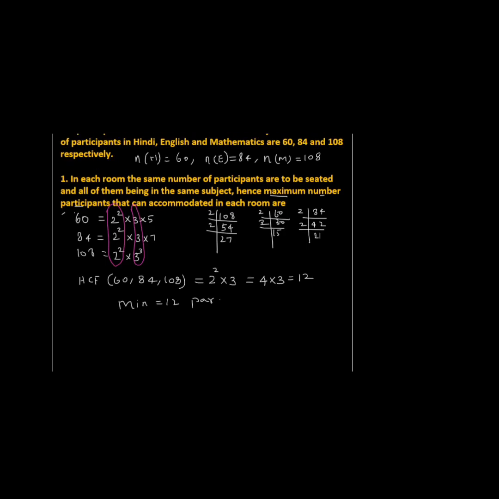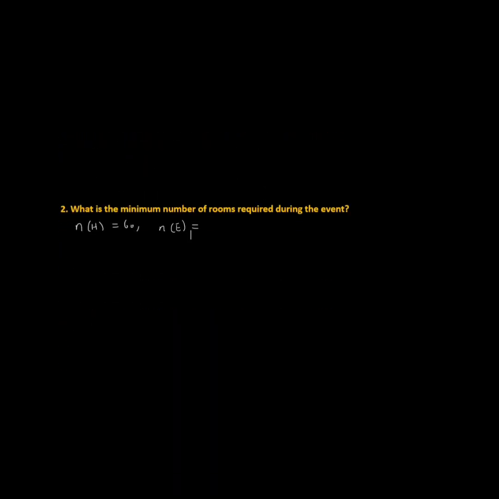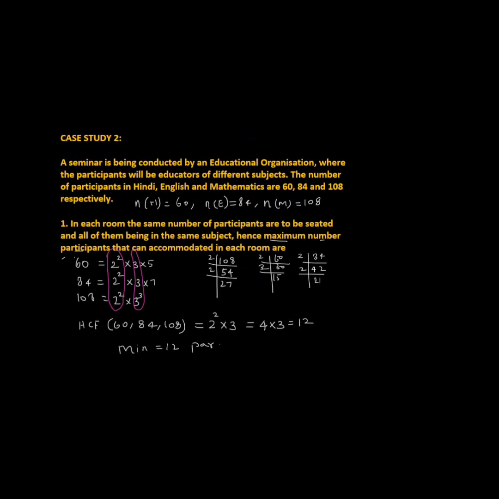That is, in English 12 members, Hindi 12 members, and Maths also 12 members can be accommodated in one group. Now, what is the minimum number of rooms required during the event? Look at the participants: in Hindi 60, in English 84, and in Maths 108.